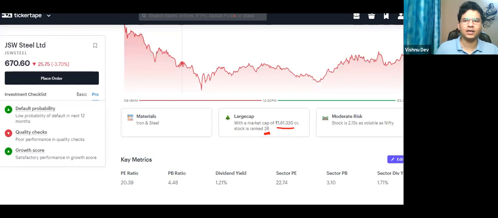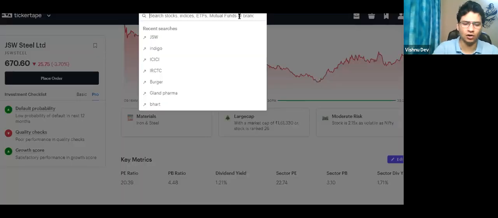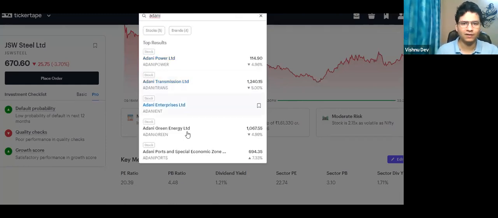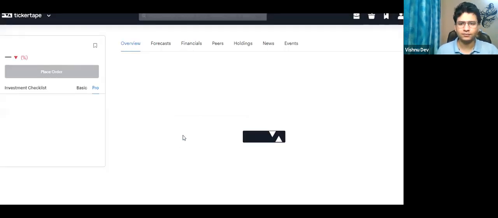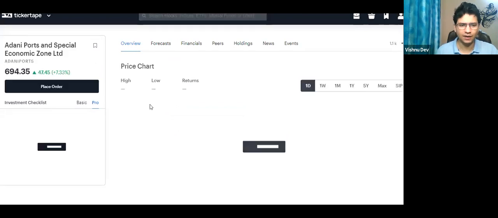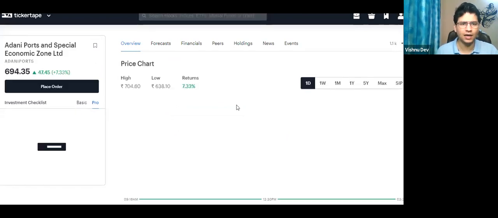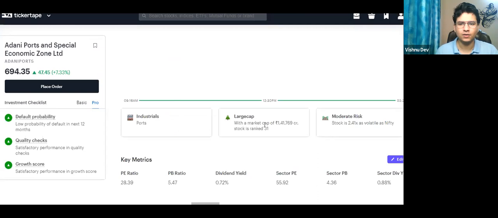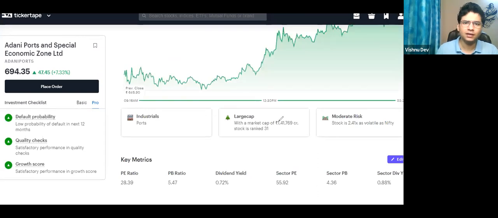Now, when you talk about Adani, since the stock value has increased a lot, the valuation increased. I will take one company, Adani Ports and Special. See, it is large cap because it is ranked 31.